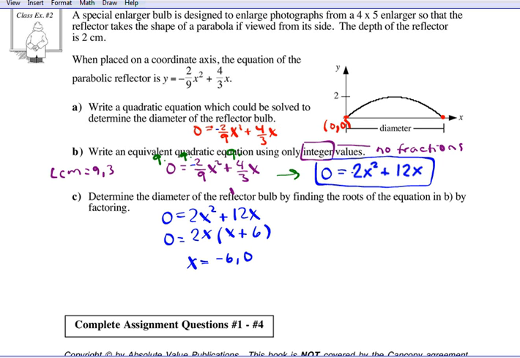Because it doesn't make sense that our x-intercept's negative 6. So we should have factored out a negative here. Negative. So this would just be x minus 6. So this should be a positive 6. I didn't see that little negative there. Okay, that makes sense, right? Doesn't that make more sense now? So that's what you can be doing, checking your graphs. X-intercept is 6, therefore diameter is 6.